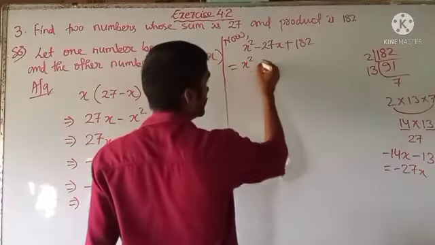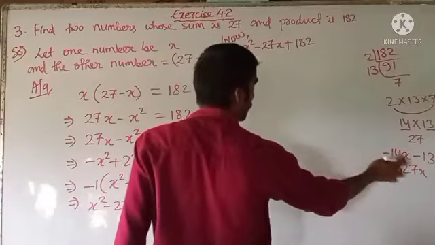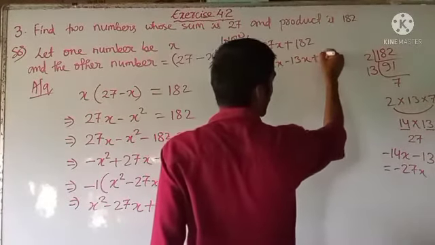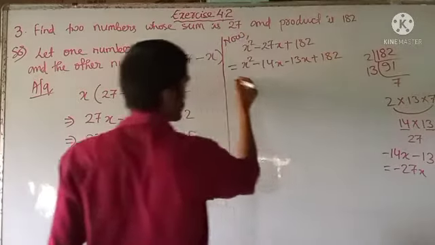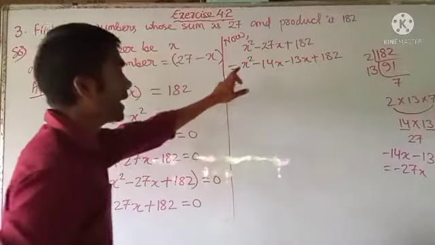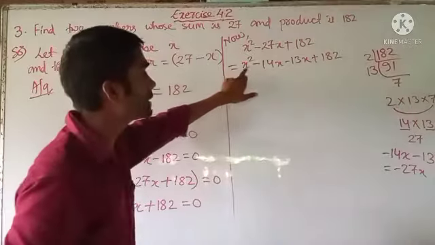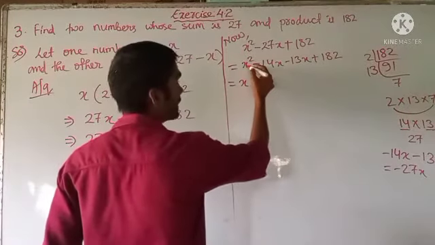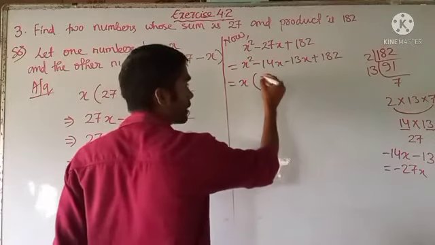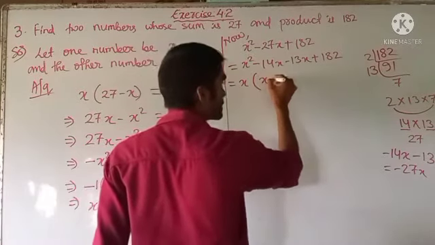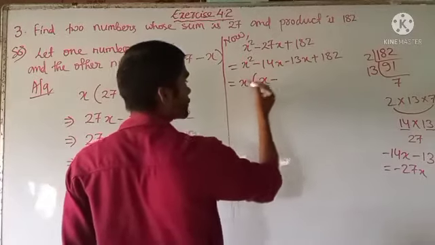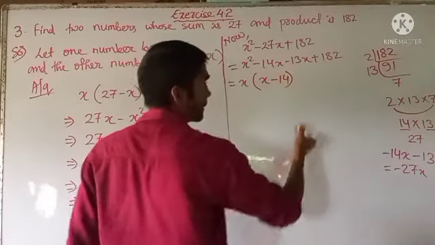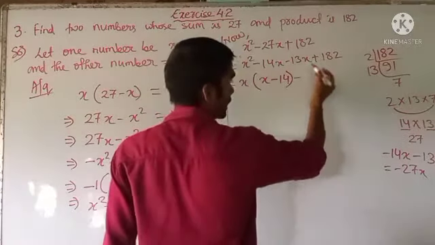So we'll write here x squared minus 14x minus 13x plus 182. Now among these two we'll take common. So here we can see that x is common. So we'll take x common. Now when we are taking x common from x squared, x will be left, minus. From 14x, when we are taking x as common, 14 will be left, minus.